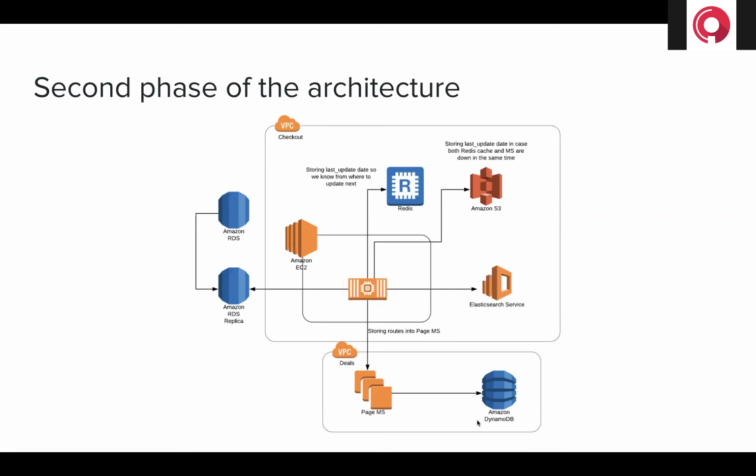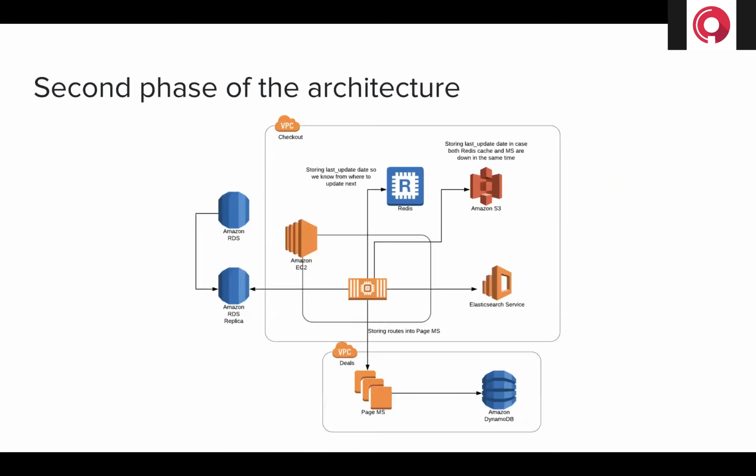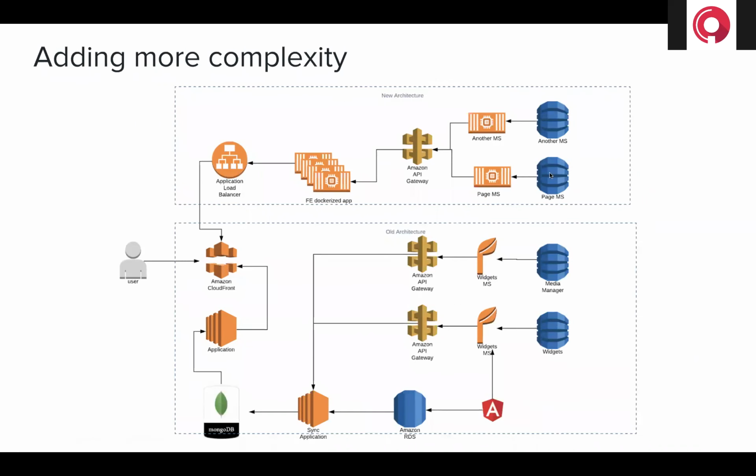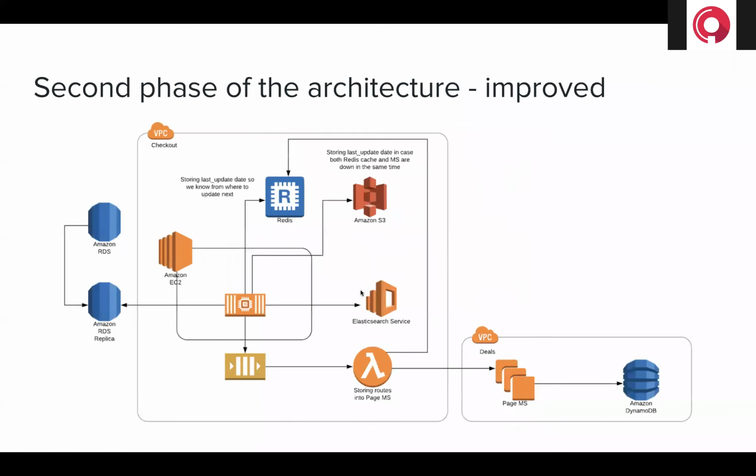So instead of using the hack on CloudFront that routes requests to one application or another, we decided, okay, because this is a new architecture and we believe in this page microservice, we want to use it. In order to use it, we need to populate it with all of the data which is here at the bottom in Amazon RDS.